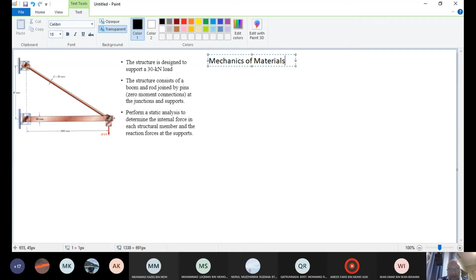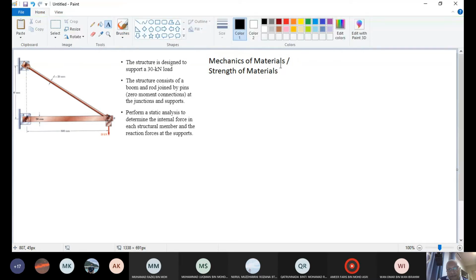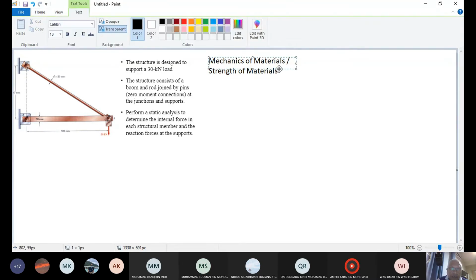It is about, some universities call it strength of material. Okay, some universities call it strength of material.